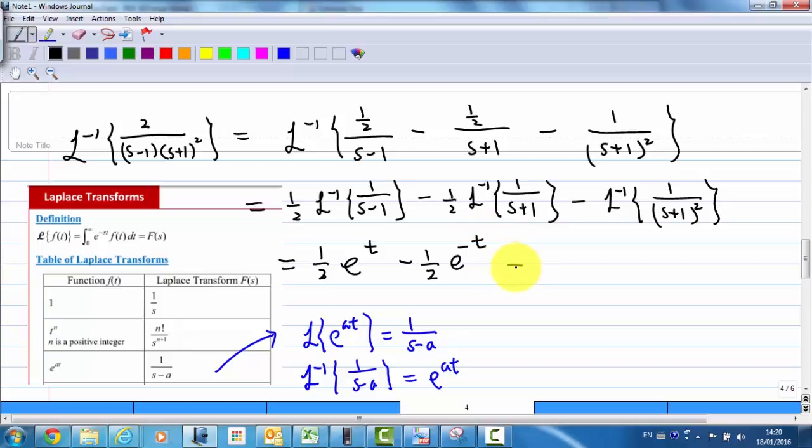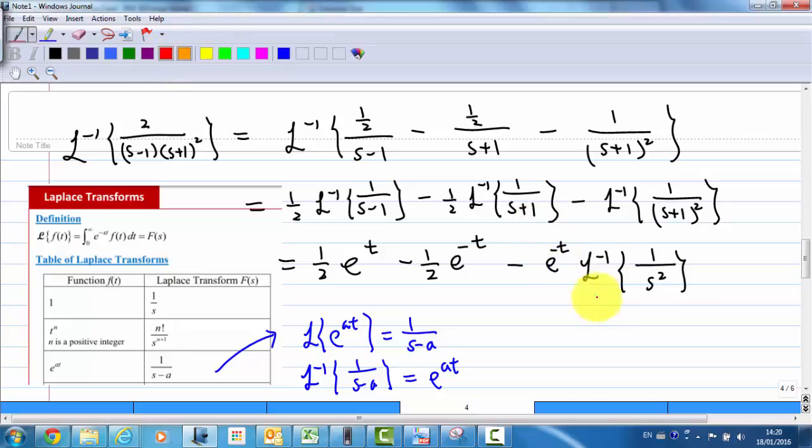As for the last term, we need to do a shifting. This is the same as the inverse Laplace transform of shifting the s plus 1 to s, to get s squared, and then you have to multiply by e to the power negative t.